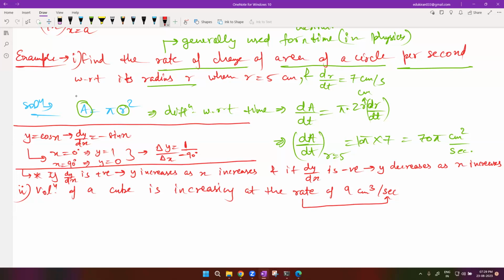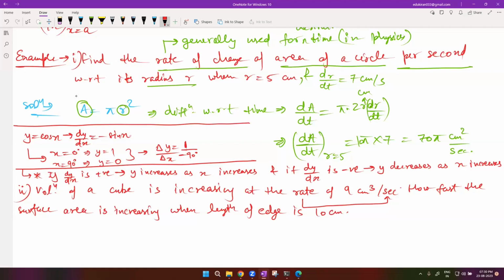How fast is the surface area increasing when the length of an edge is given? So first, understand the question.